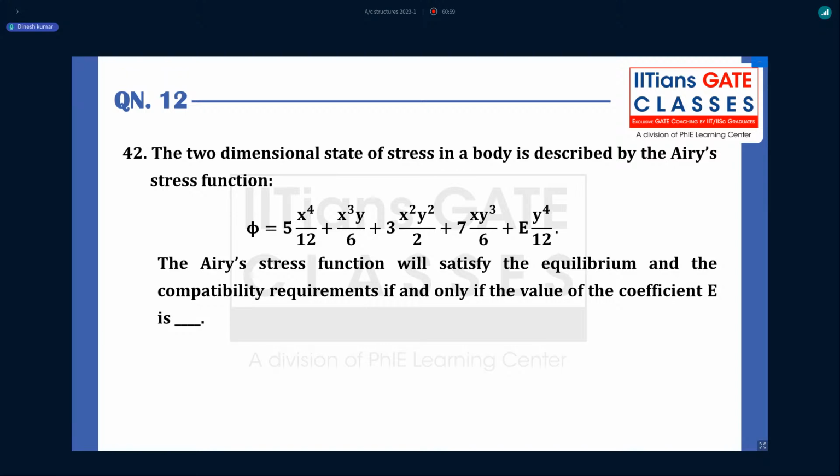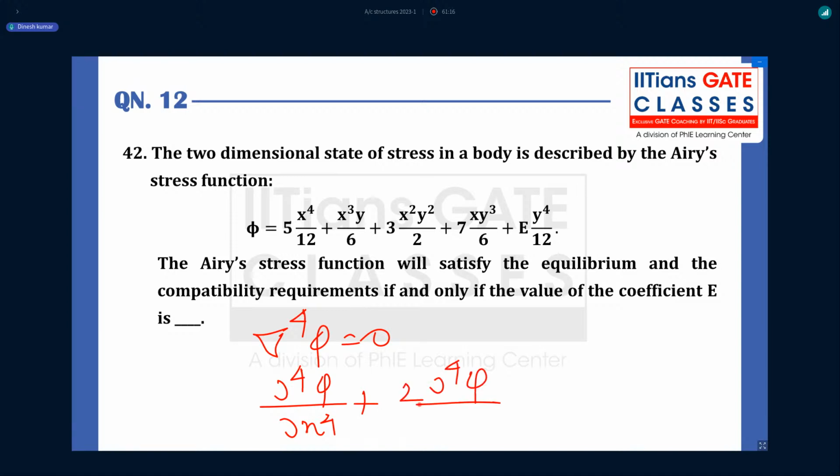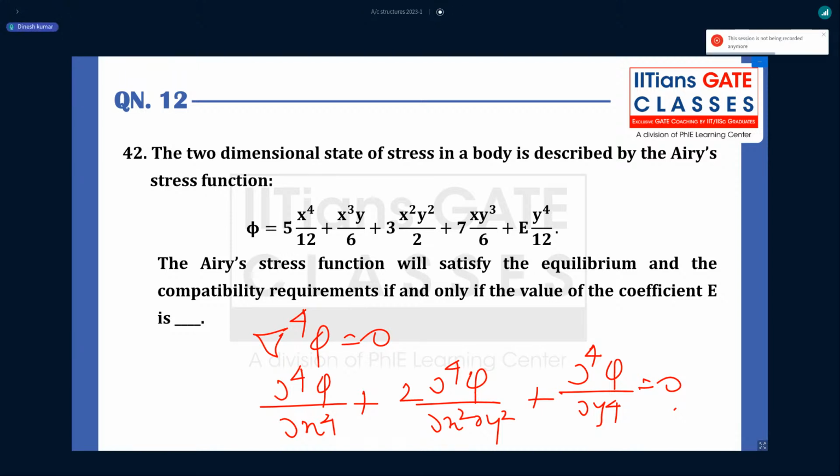The Airy stress function satisfies the biharmonic equation, which is dou power 4 phi equal to 0, which is nothing but dou 4 phi by dou x4 plus 2 dou 4 phi by dou x square dou y square plus dou 4 phi by dou y power 4 equal to 0. So is it clear? Is this question clear, guys? Any doubt?